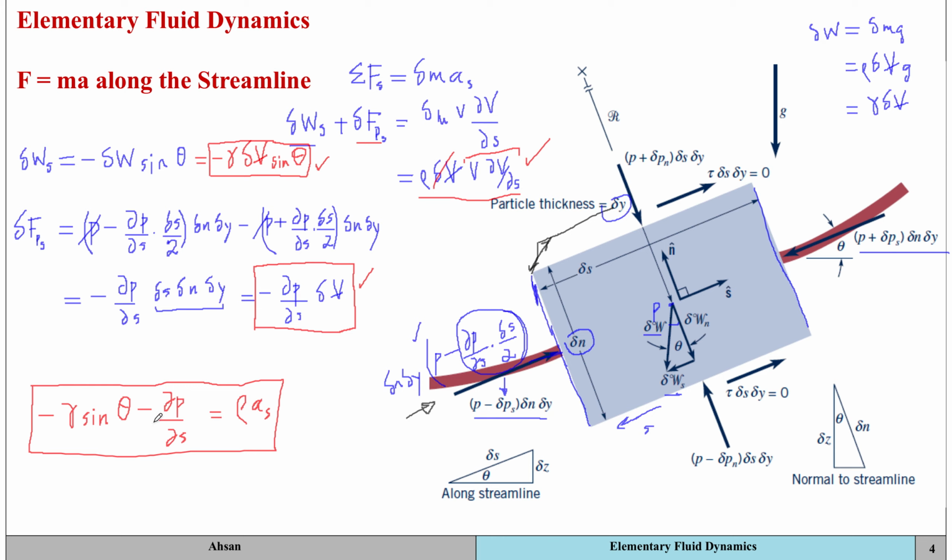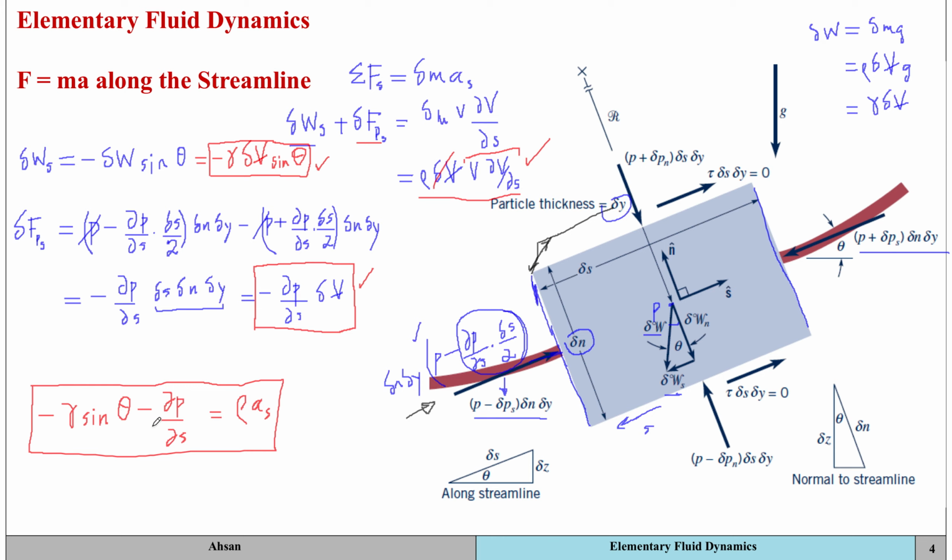What that means is that if you were looking at a situation where the fluid was static, and that means there was no change in the right hand side of this equation, so this would have been 0, and then the particle would have remained stationary because this force balance would have existed between the pressure and the gravity forces.